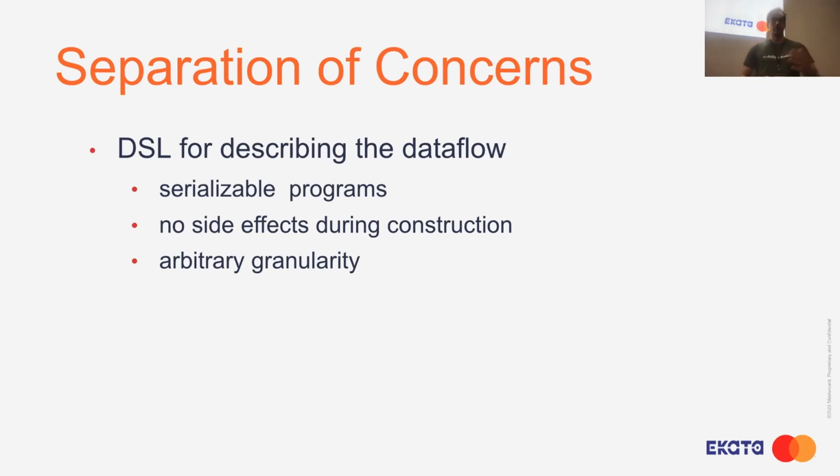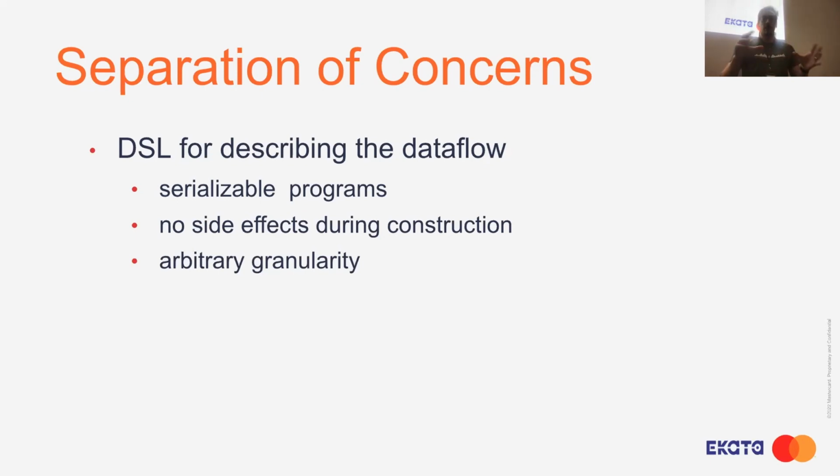Some properties of this DSL are that we are creating serializable programs with it. There are no side effects during construction, so we are just describing what will be executed, and it can have arbitrary granularity. So the size of the building blocks can go from a really small one, like a simple select, to a more complex one, like calculating multiple metrics.